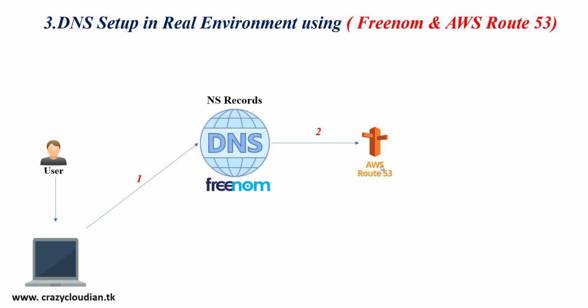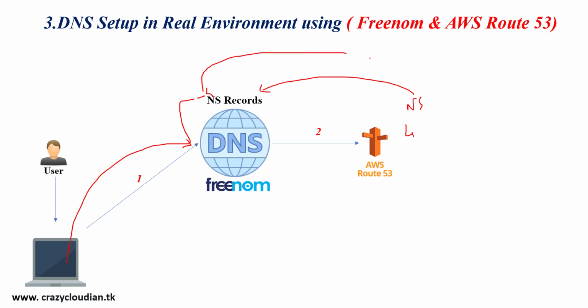In that case, I'm going to update those 4 NS records from here to Freenom. So whenever you type this domain in your laptop or desktop, the request is redirected to Freenom, because Freenom issued my domain, and Freenom points to these 4 NS records, and with their help you will be redirected to Route 53.